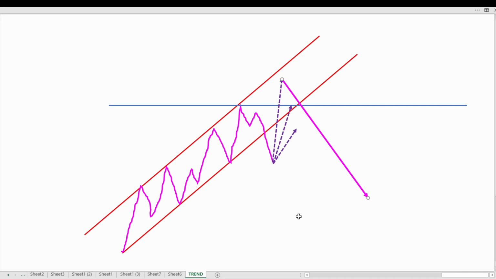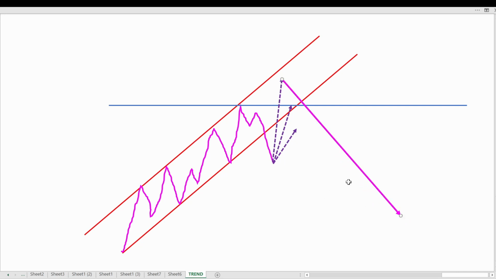Of course, this is not 100%. There's nothing 100% in trading, but I calculate it works around 70% of the time.